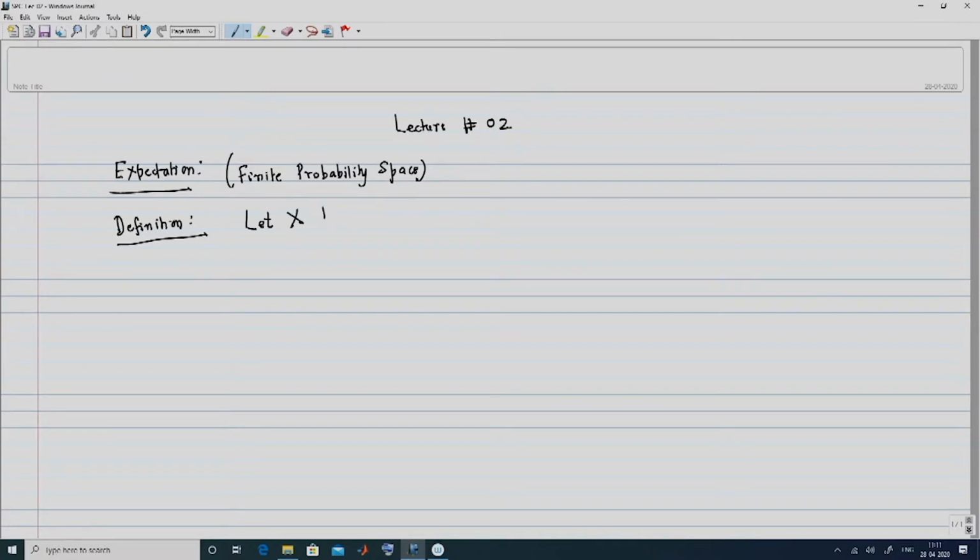So, let X be a random variable as already defined over a finite probability space (omega, P). Remember, omega was the sample space and P was the probability measure.